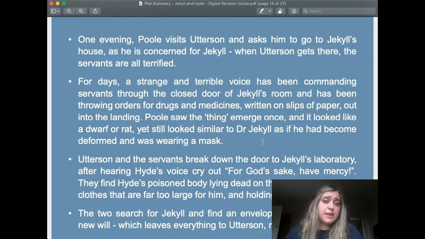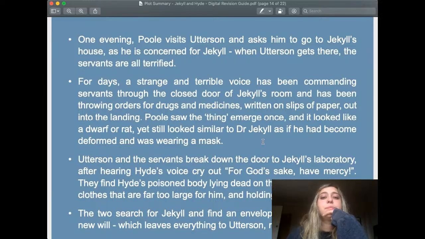So Utterson goes to the house and Jekyll's locked himself away and this strange voice is coming out from behind the door, which is just really weird. It's not Jekyll's voice. But no one else has gone in there because Poole is the servant who's running the house.